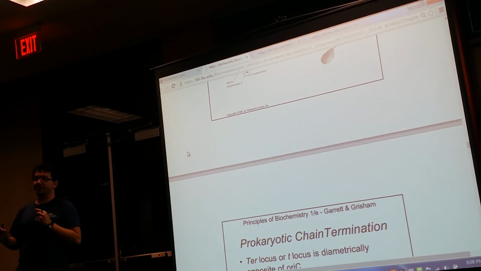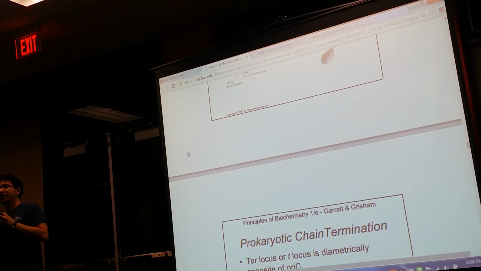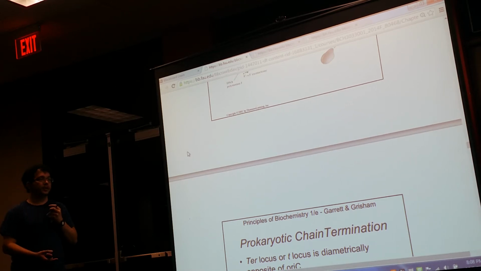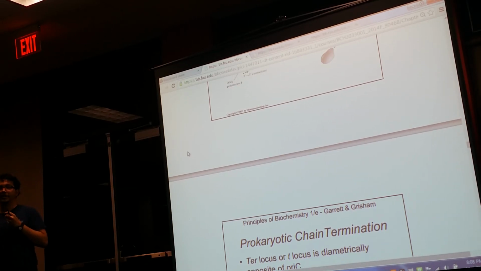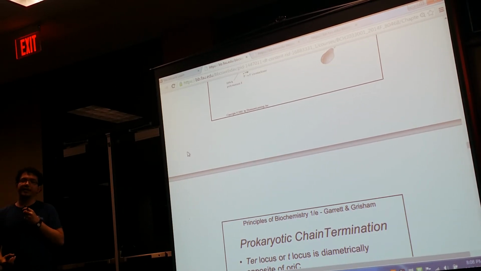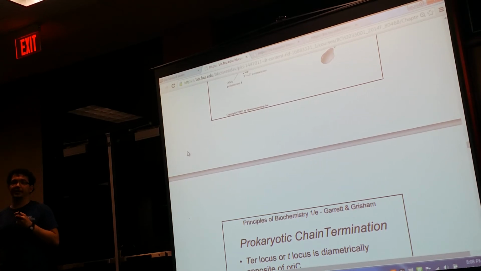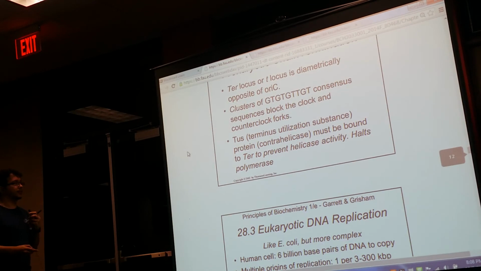So you need to know the TUS protein is bonded to the termination locus, and you need to know what activity the TUS protein has that allows DNA replication to be terminated. Contra-helicase, exactly. So we know that helicase is very important. Helicase is the one that opens DNA ahead of the replication fork so that you can generate DNA. If you have contra-helicase activity, you are preventing the helicase activity, so you're stopping prokaryotic DNA replication.